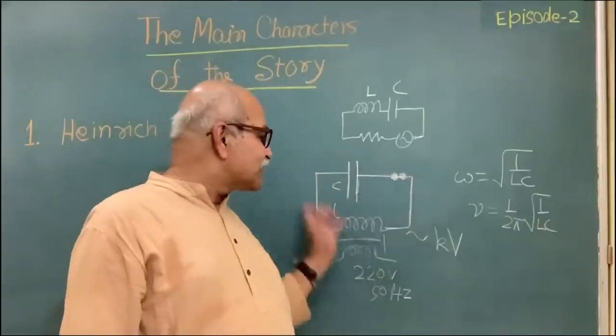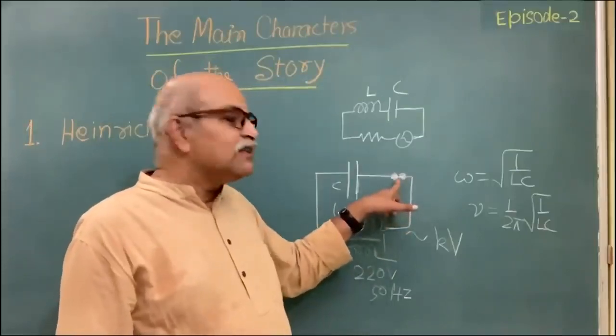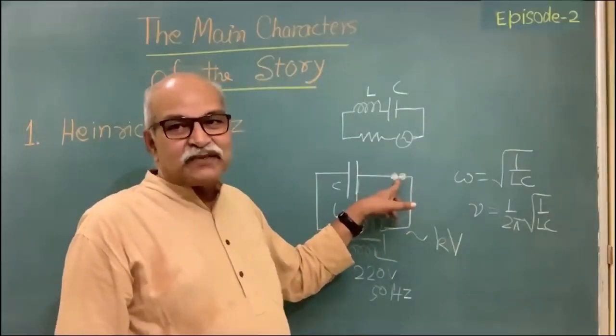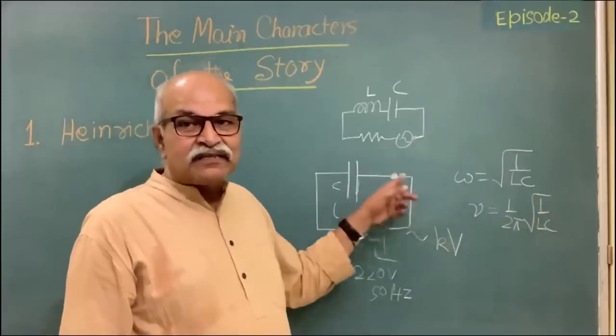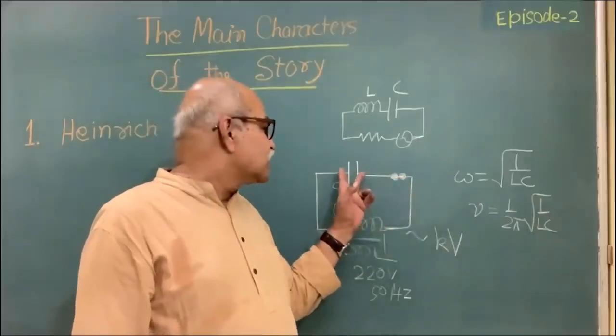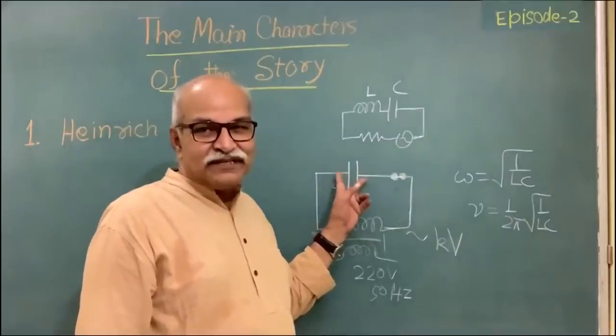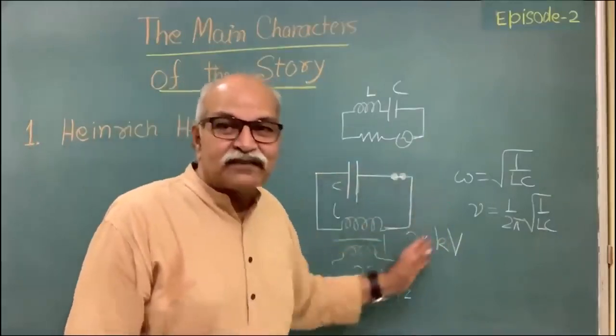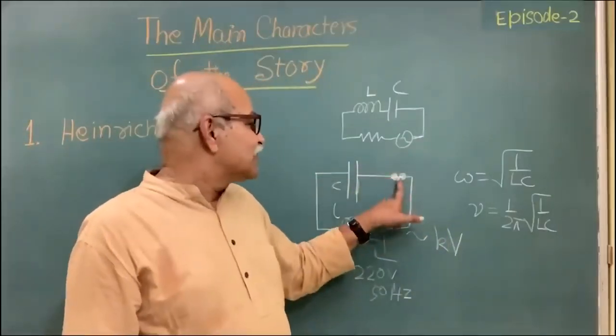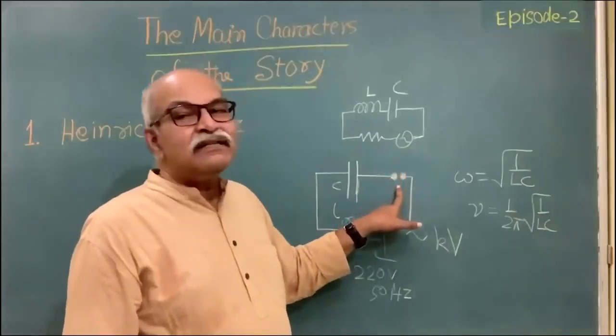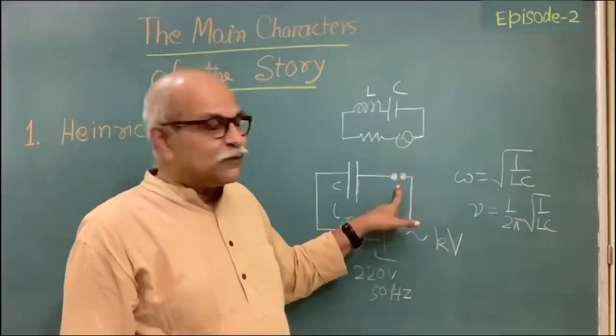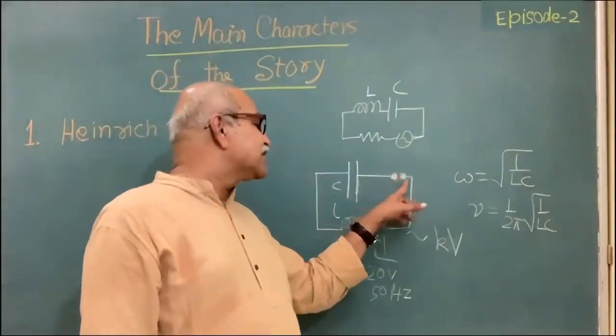Waves are generated from this circuit, but the spark will not be continuous. Once the spark is there, when the conducting path is there, the charge accumulation will not be there, because now the charge has a path to flow, and therefore the voltage will decrease and the spark will stop. And once the spark is stopped, once again the same story.